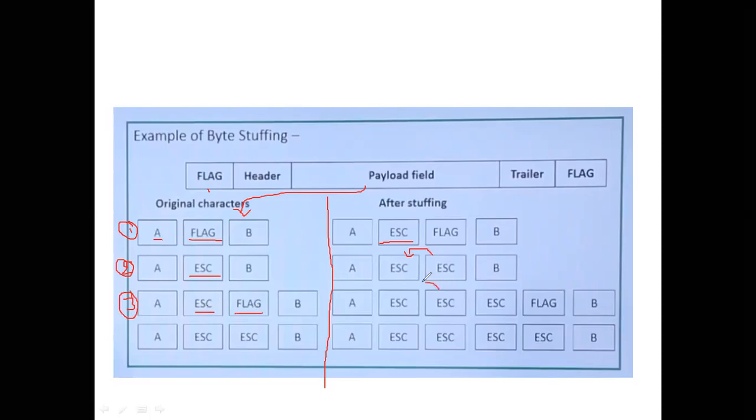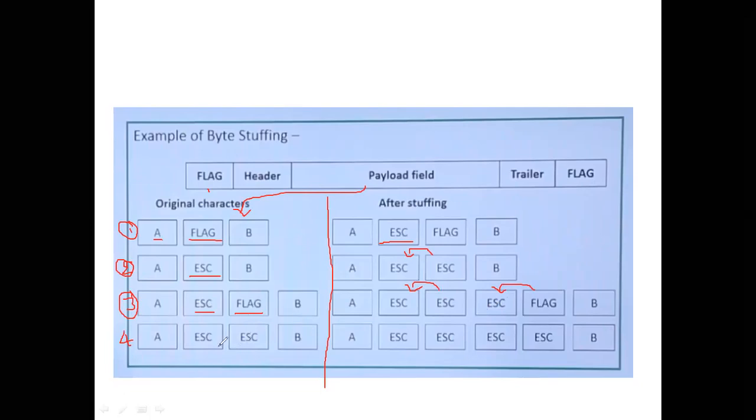Before escape we insert one escape, and before flag also we insert one more escape. So that is stuffing. Here also two escapes are there. In this fourth situation, the original data consists of A escape B.